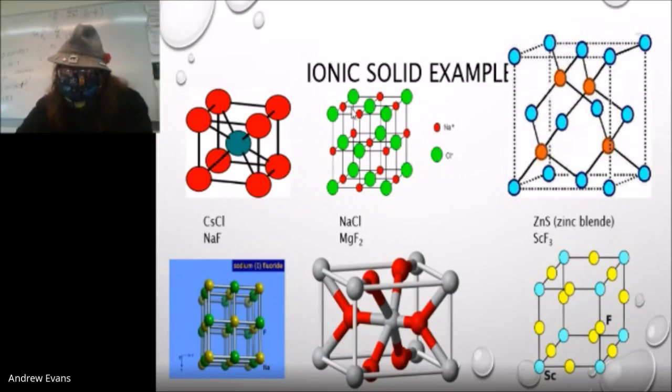The sodium adopts edge and body. Edge and body. So 1 from the body, and how many from the edges? Well, if faces were 50%, corners were 1/8, how much of an atom is in the edge?